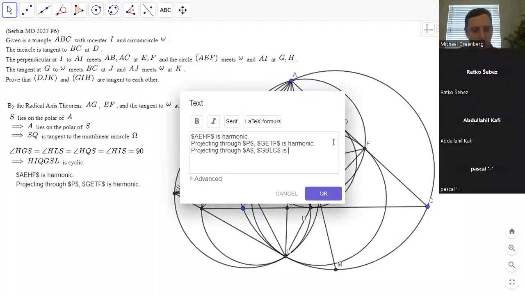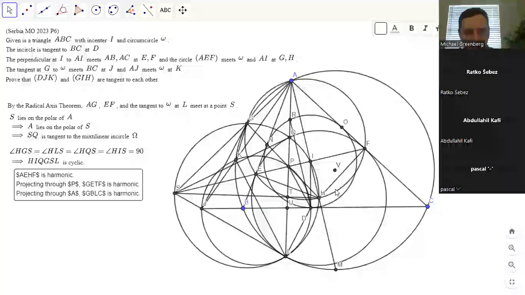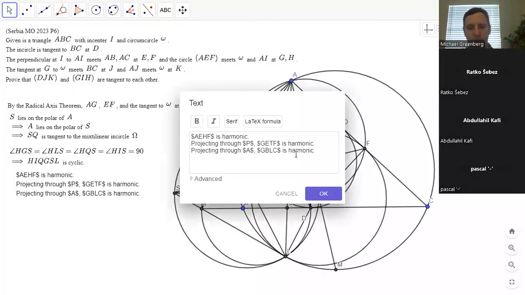And then that means that the tangents at G and L and BC concur at a point J. So that answers that part of it.